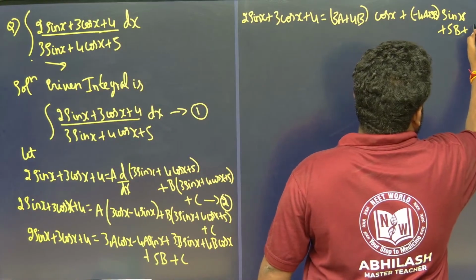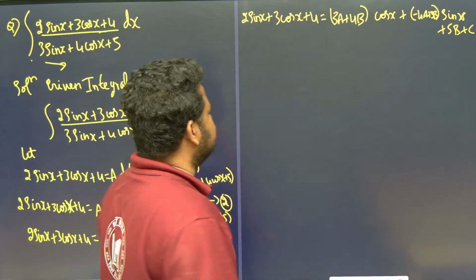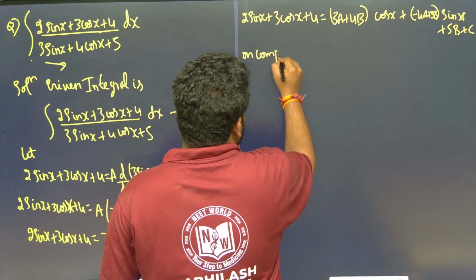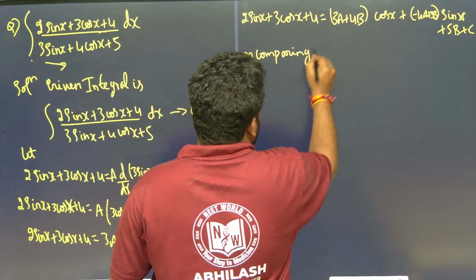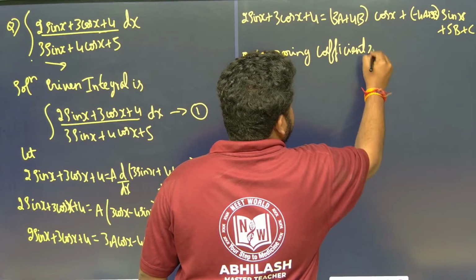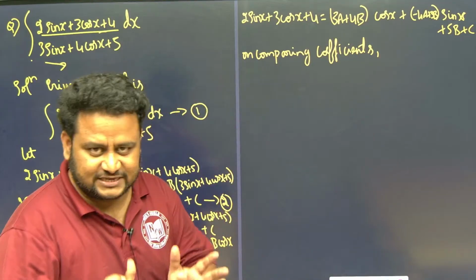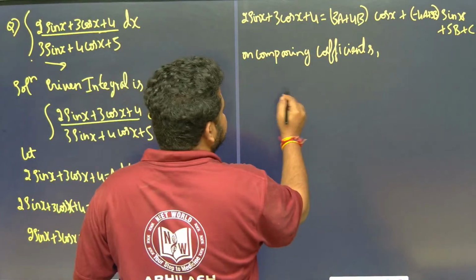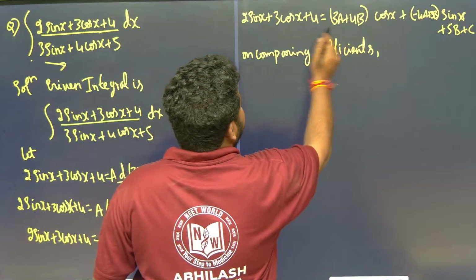Now on comparing coefficients of cos x, coefficients of sin x and the constant, what will we get? For cos x, 3a plus 4b is equal to 3.